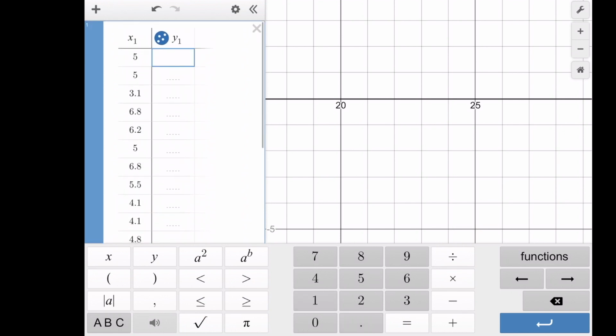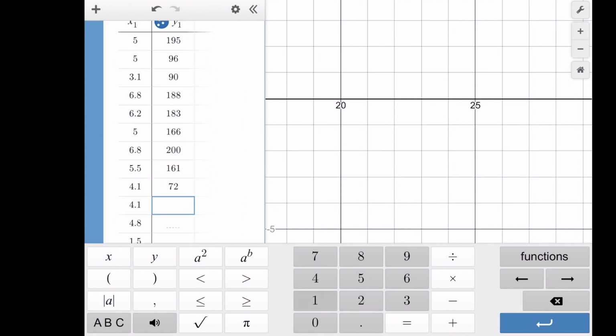And then my Y's are 195, 96, 90, 188, 183, 166, 200, 161, 72, 157, 137, 68, 192, and 156.